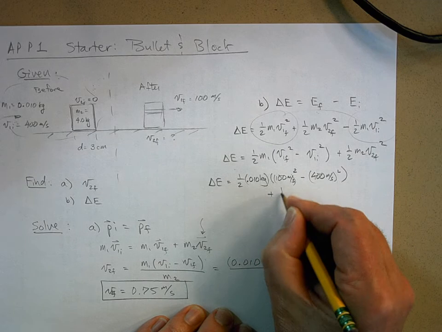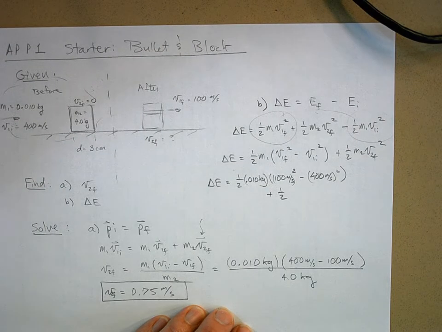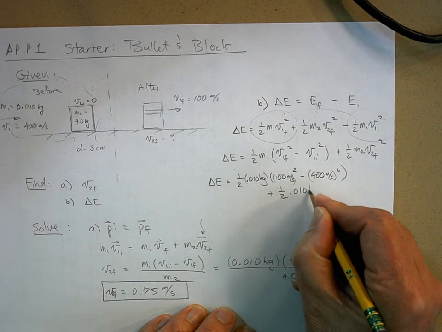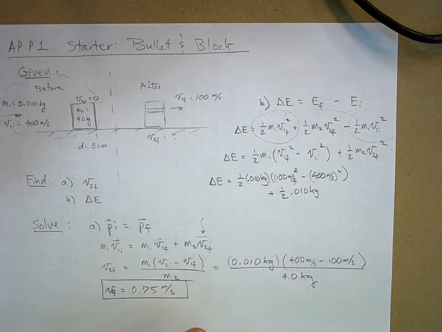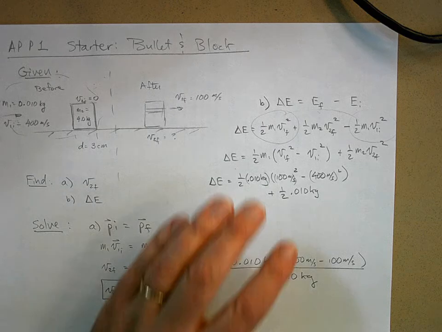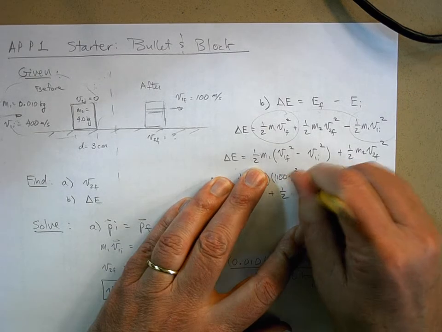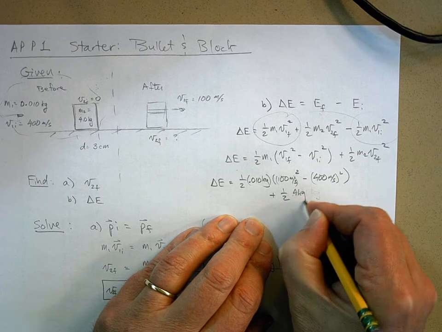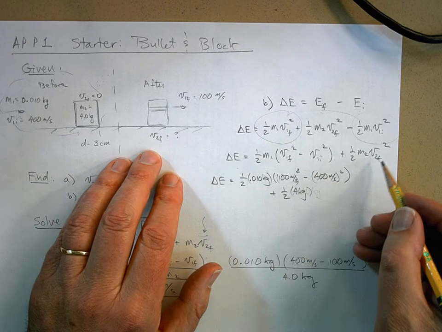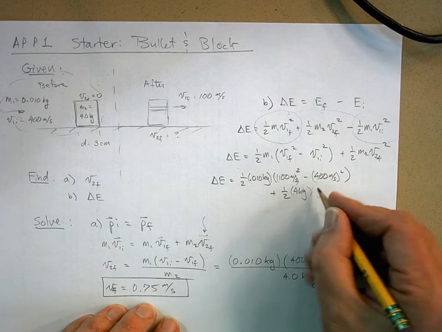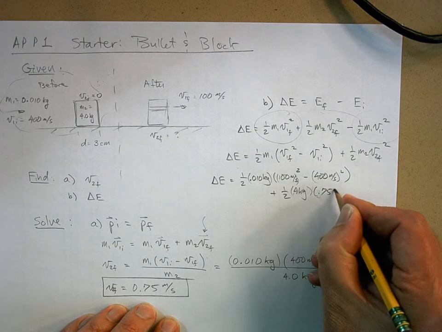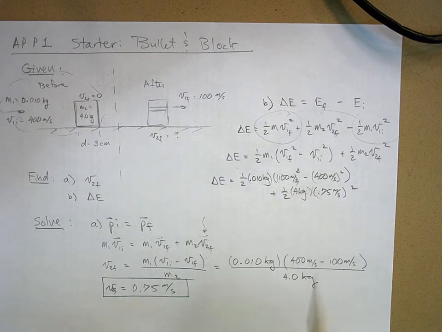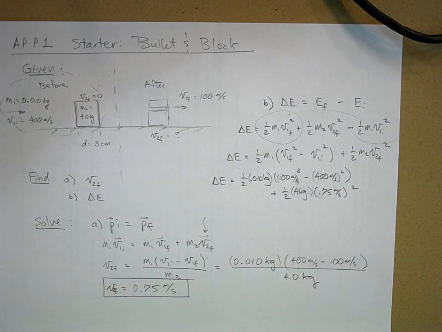And then plus 1/2, and then what is m2? 0.01 kilo. Oh wait, no, it's 4 kilograms. And its final velocity is 0.75 meters per second, squared. And this is almost negligible compared to this, but we'll include it anyway.